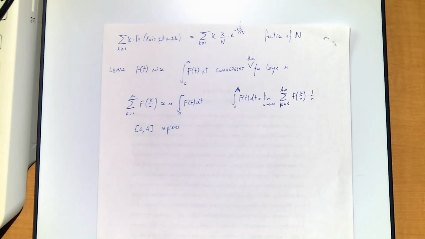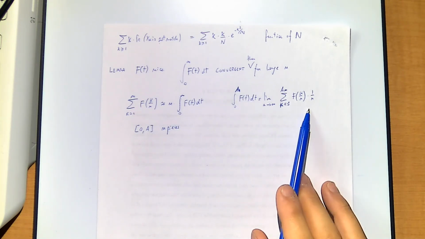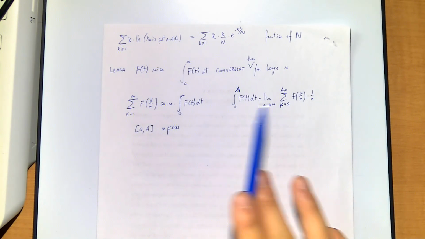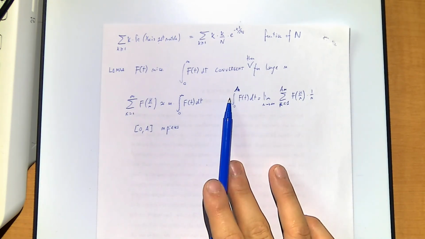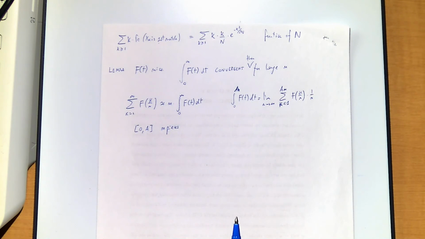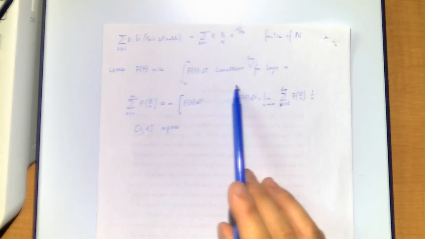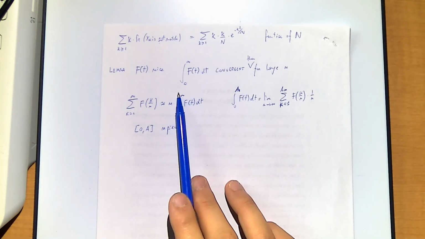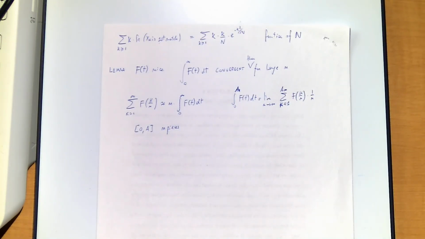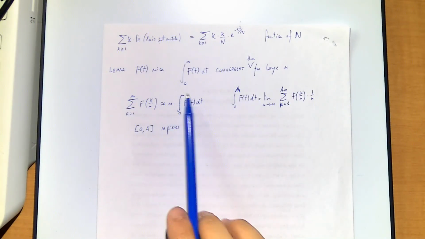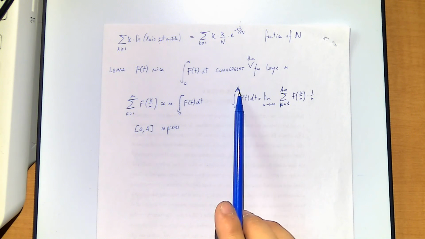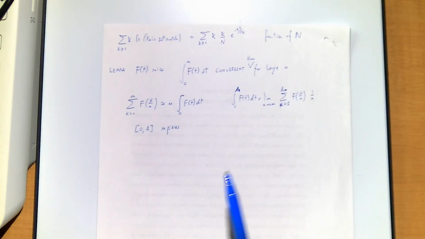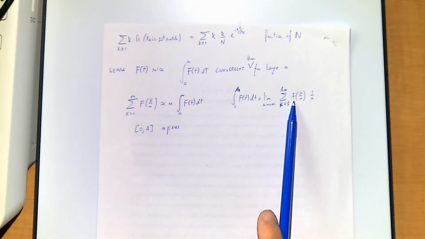And then we can approximate, because we have a 1 over n. I'm going to multiply by n on both sides, so I get an n in front here. Then I just send a to infinity, because that's a finite integral and I don't want the improper one, and that gets me my result. On the left I get n times this integral, and on the right I have exactly f of k over n.